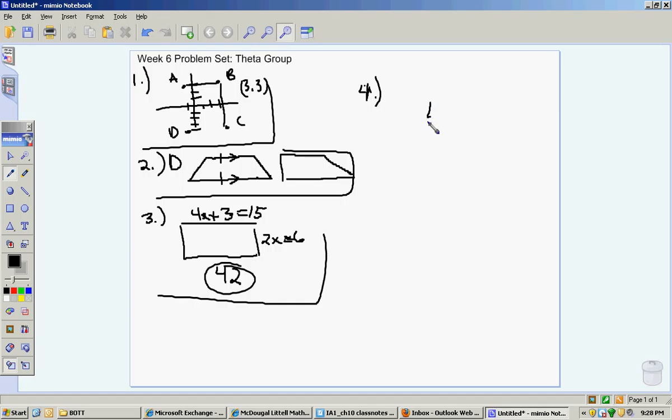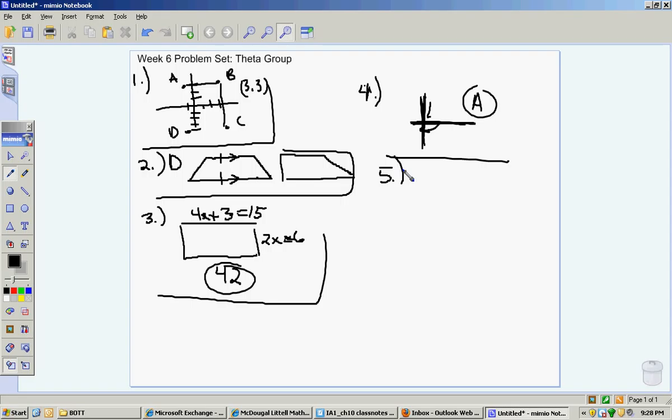And if you go 90 degrees clockwise, you're going to turn it this way. So it's going to be straight up and down, and ends up matching up with side AD, which is A. If you're not sure, you can try turning the paper. That's one way that I've seen this topic taught in a traditional geometry class.